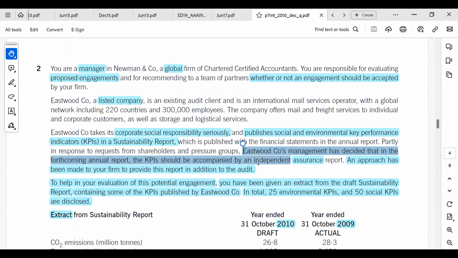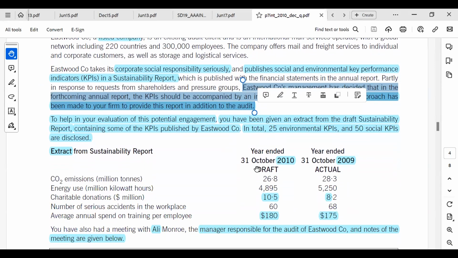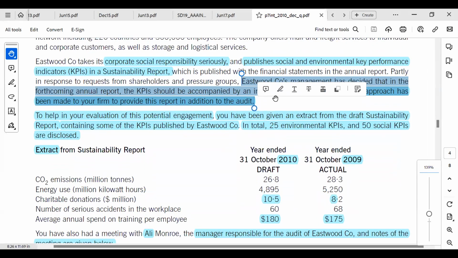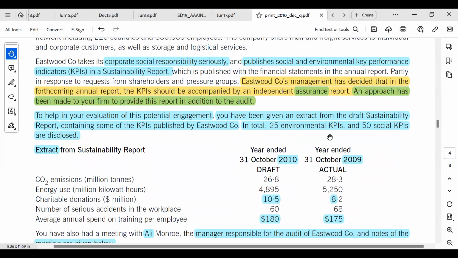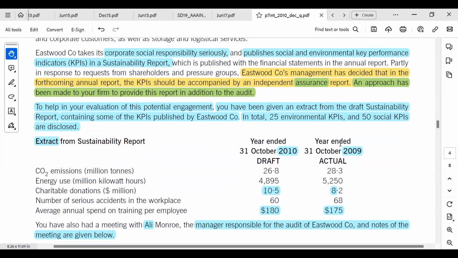Can you just read this line here? Let me highlight this in yellow. Can you just read this yellow highlighted sentence?